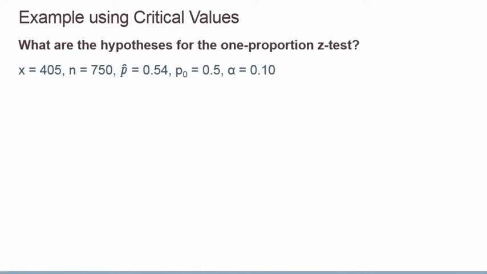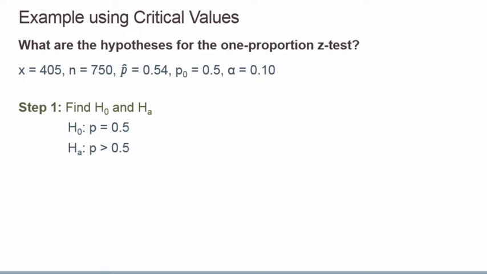Continuing, what are the hypotheses for the 1 proportion z test? Step 1, I want to find H sub 0 and H sub a. H sub 0 is p equals 0.5. Since we want to prove that a majority of Generation Y web users use the internet to download music, we want H sub a to be p is greater than 0.5.